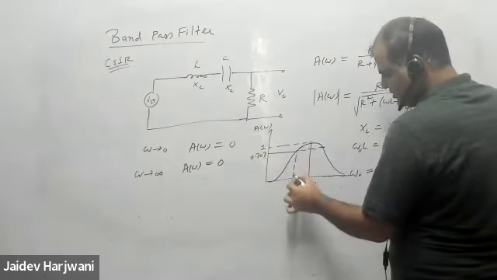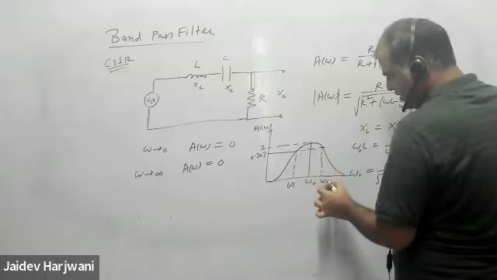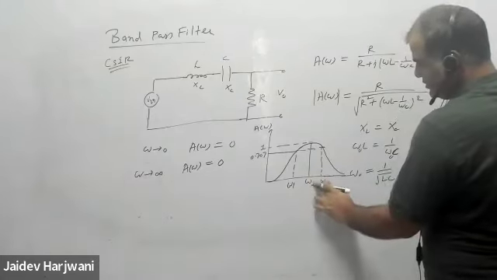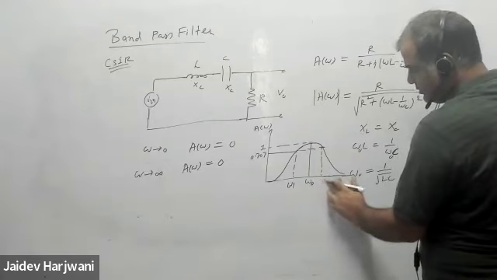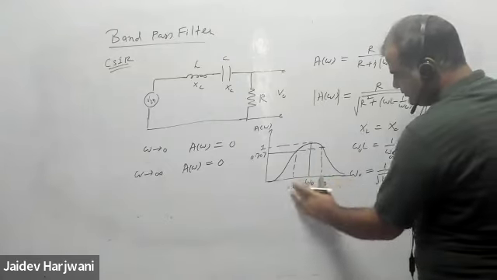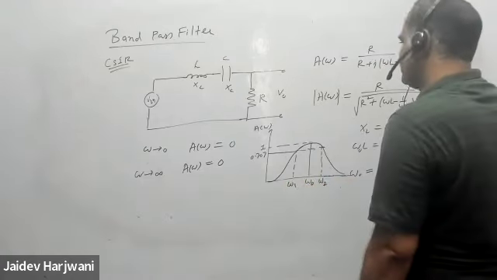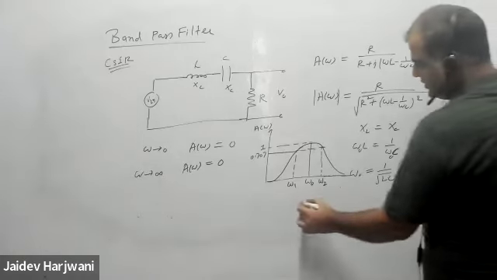So this frequency is your omega 1 and this frequency is your omega 2, and this is your omega naught. This is the width. Okay, so this is the band pass filter.